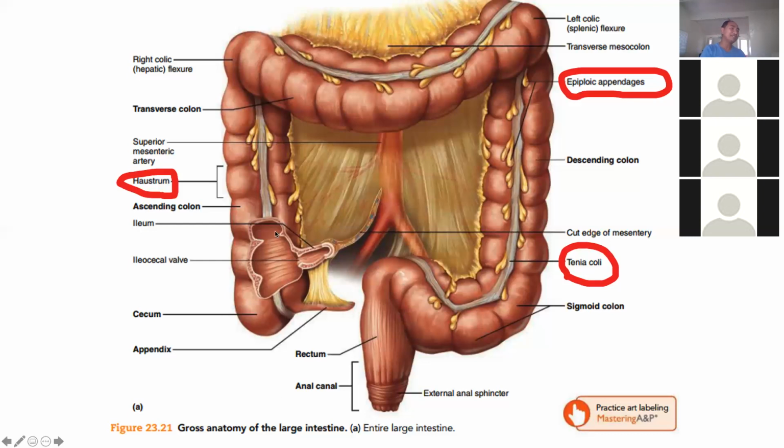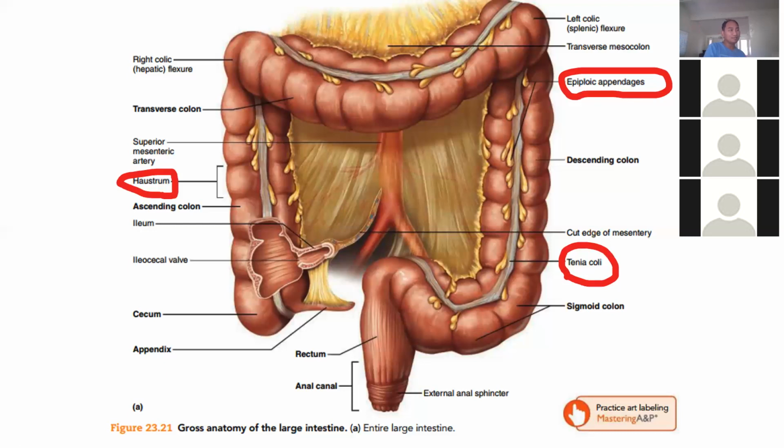So for the large colon, I want you to appreciate that the ascending colon and descending colon are attached to the posterior abdominal wall. They are behind the peritoneum, retroperitoneal structures. The transverse colon and sigmoid colon are hanging down in the abdomen with the mesentery, so transverse mesocolon and sigmoid mesocolon.